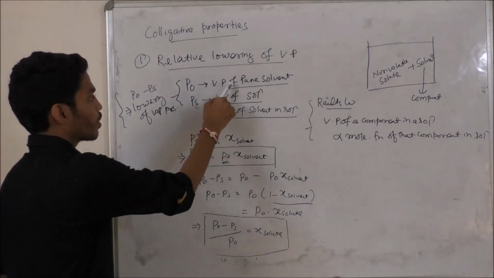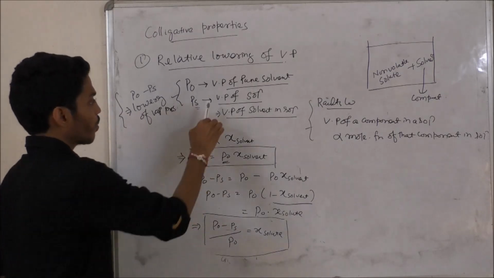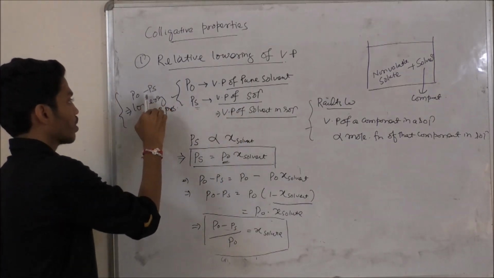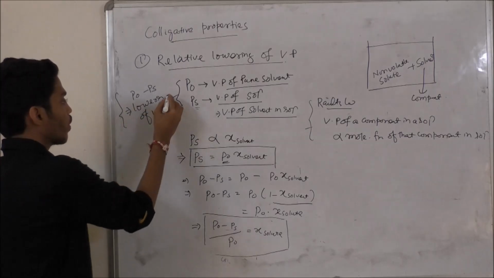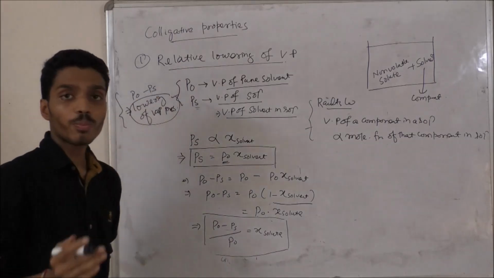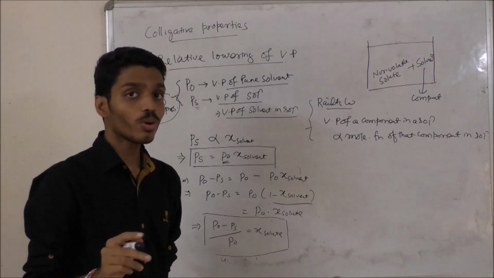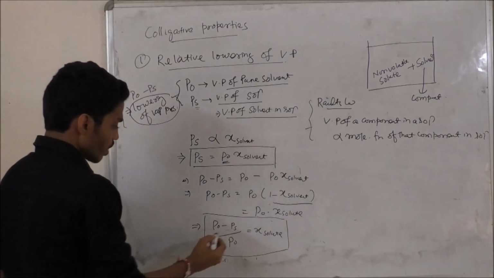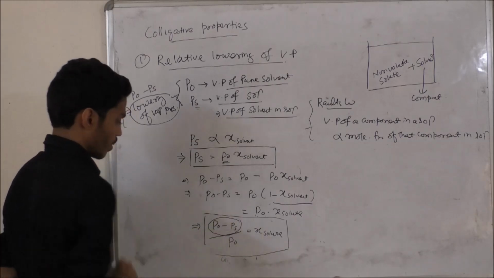Why? Because vapor pressure of pure solvent is more and vapor pressure of solution is less. So when we deduct PS from P naught, that is lowering of vapor pressure. Means vapor pressure is lowered up to how much that I have asked.